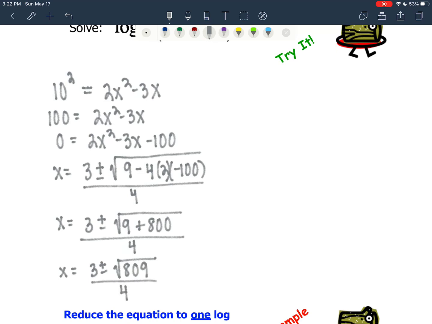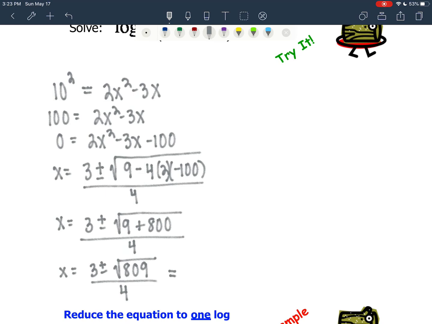Now, 30 times 30 is 900. So the square root of 809 is less than 30. If we put this into our calculator, we're going to get a positive answer and a negative answer.